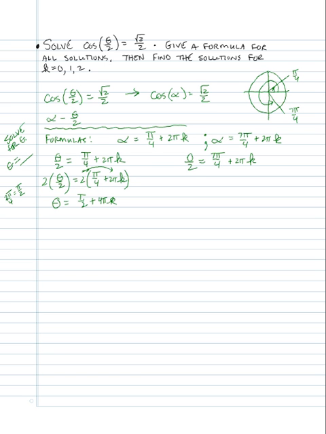We're going to do the same thing over here for this formula. We're going to multiply both sides by 2. Now again, when I multiply theta over 2 by 2, I get theta. And when I multiply over here in my margin, 2 times pi over 4 is 2 pi over 4, which ends up just being pi over 2, doesn't it?